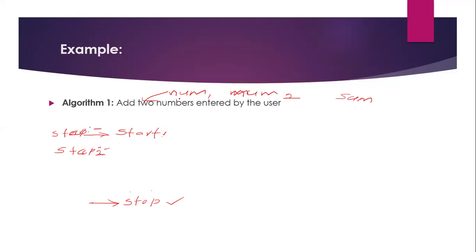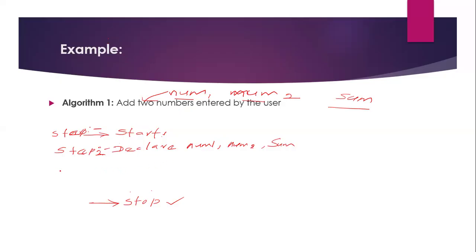Without declaring these variables, I cannot assume data for this program. So I have declared number 1, number 2 and the summation. This is my second step.